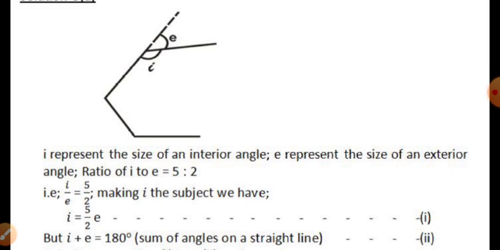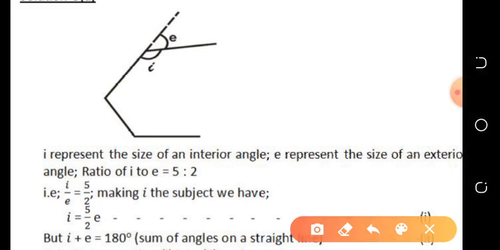Ratio is another word for fraction. So you have the ratio of I to E, which is the same thing as the fraction I over E, which is equal to 5/2, I representing 5 and E representing 2.